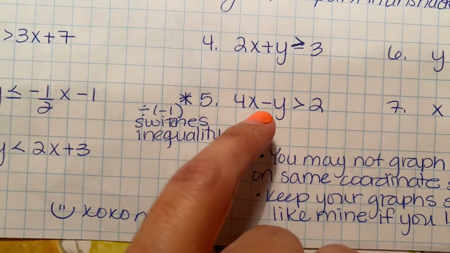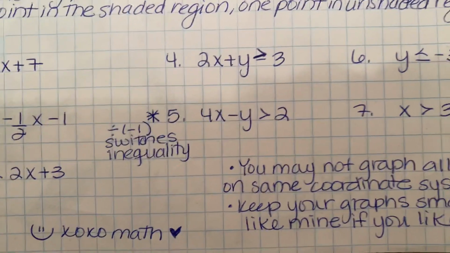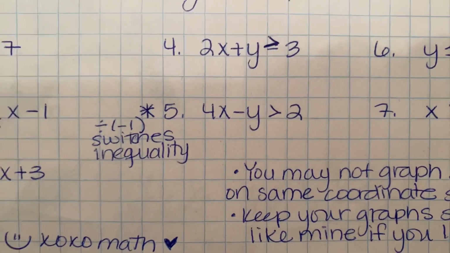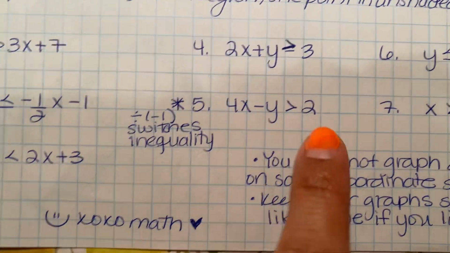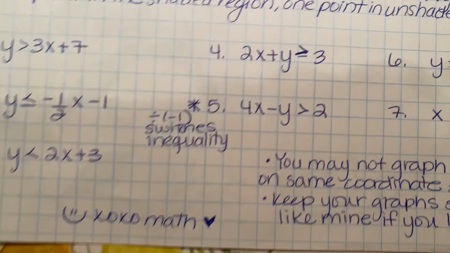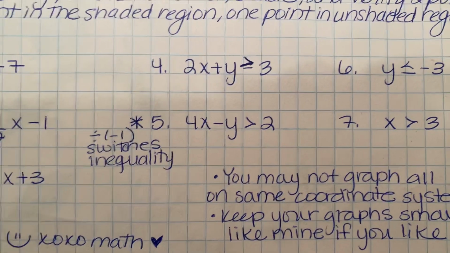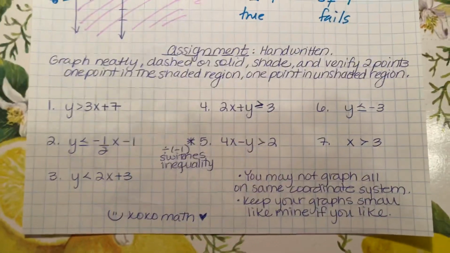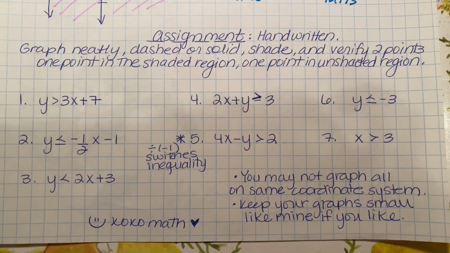You now have that -1 that you need to divide out or multiply, whatever you prefer. It's just preference. If you divide by -1, remember when you divide or multiply by a negative, you switch the inequality. So instead of greater than, it's going to be less than. Number 5 is, I guess, the toughest one on here.